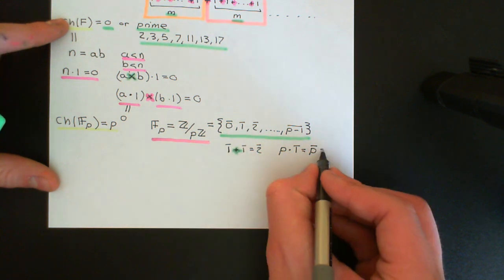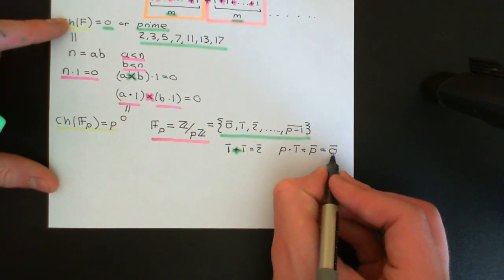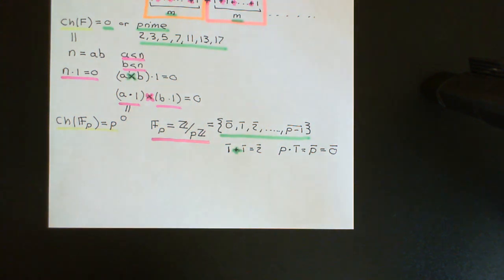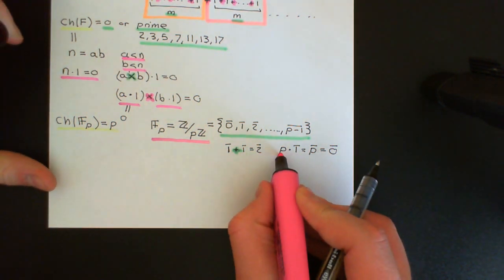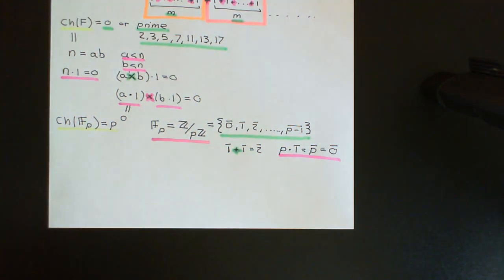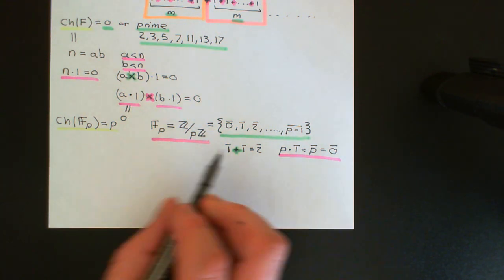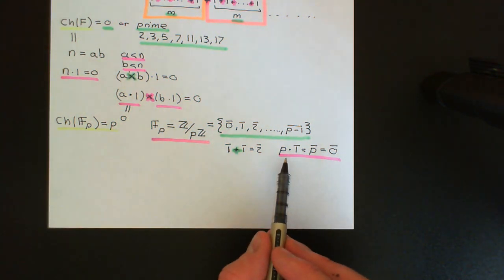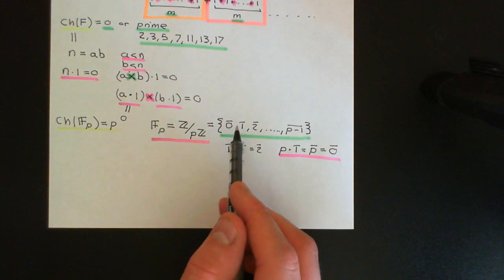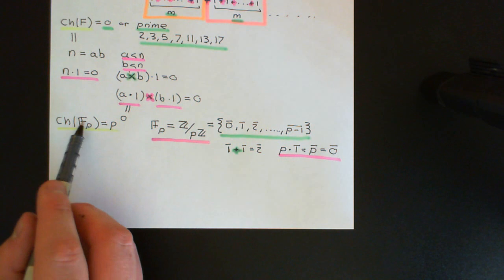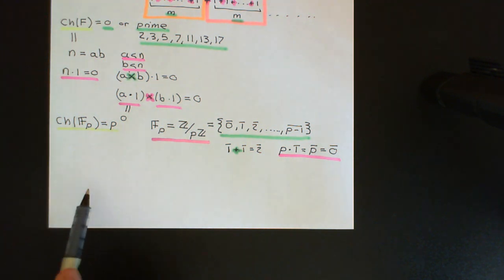Well, of course, the coset that contains p is the same as the coset that contains 0, because p is going to be in our ideal here, the principal ideal generated by p. So p is certainly in its own principal ideal. So indeed, the characteristic of these fields, the smallest number of times that you can add the multiplicative identity to itself to get back the additive identity, is going to be this prime p that's already so ingrained in the structure of this field.